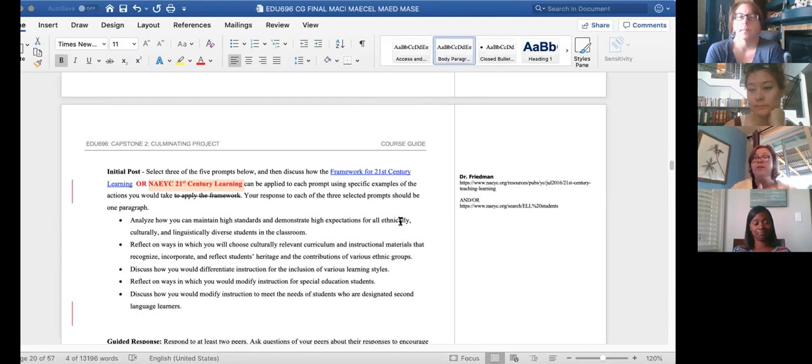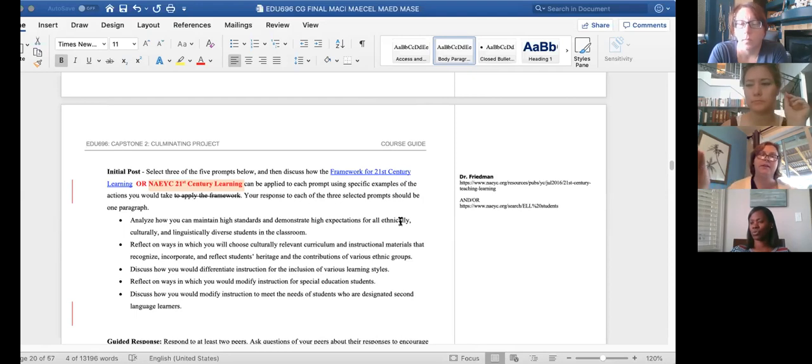And how we can do that is take out all these words about framework and P21 and put those as recommended resources. That way, if the student is MAID or MAISL or whatever, you can say, well, have you looked at the recommended resources to answer the discussion prompt? And we could even put that in the discussion prompt, using the recommended resources and the resources provided for this week, answer this prompt.